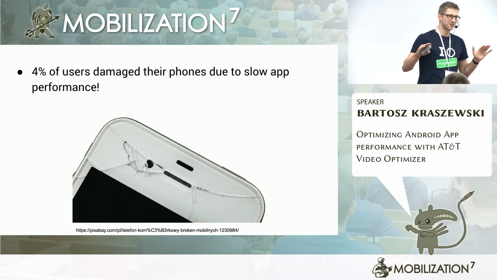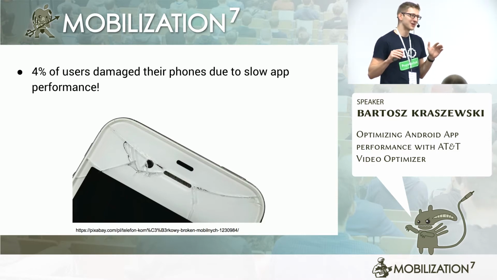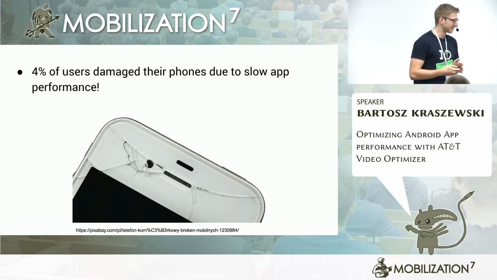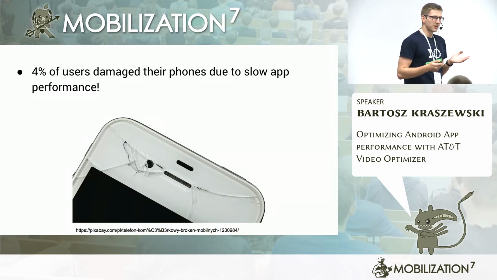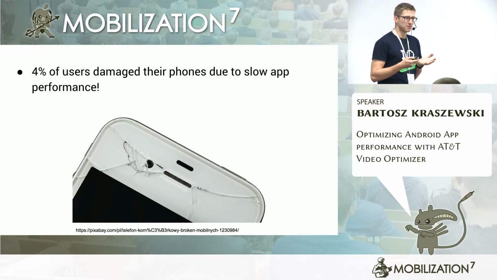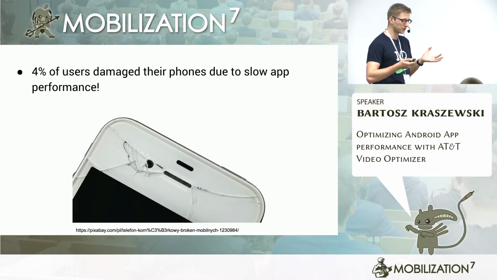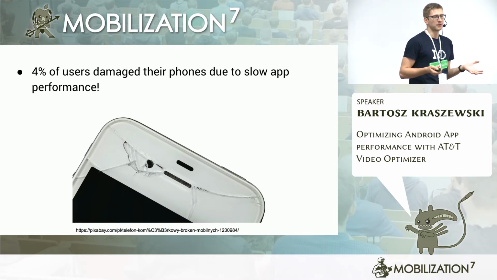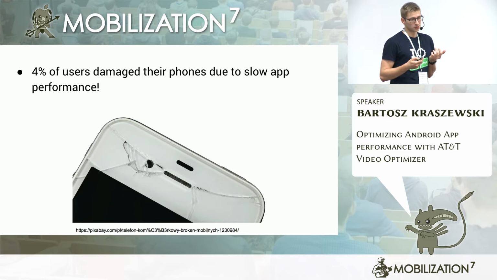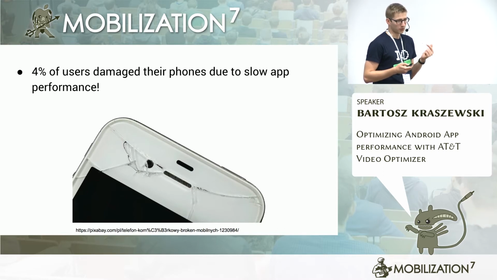Very good. That's a very calm audience, so no one is going to throw anything at me. But again, that means that we as developers have influence on a person's budget. If some nervous guy keeps destroying his phone, he eventually runs out of money, and we want to use this money to buy our product.